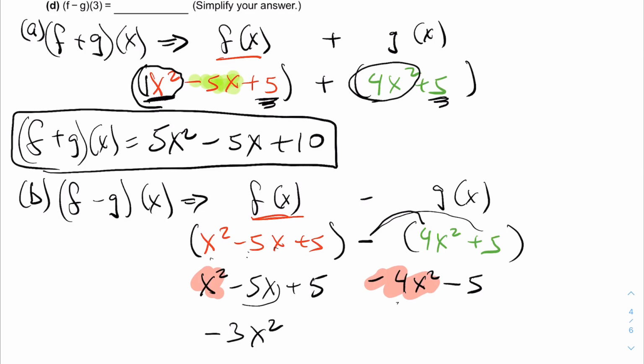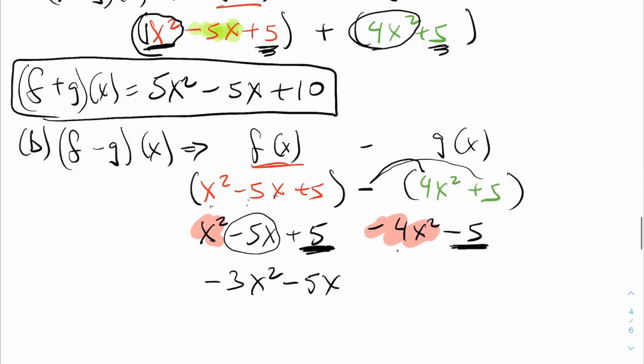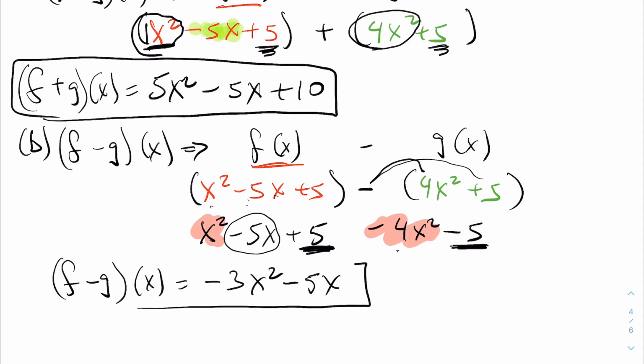And I've got a negative 5x, and I don't have any other x's, so it's just minus 5x. But I do have a 5, and I have a negative 5, so that just zeroes out. So that's done. So it turns out that f minus g of x simplifies down to this nice little function, negative 3x squared minus 5x.